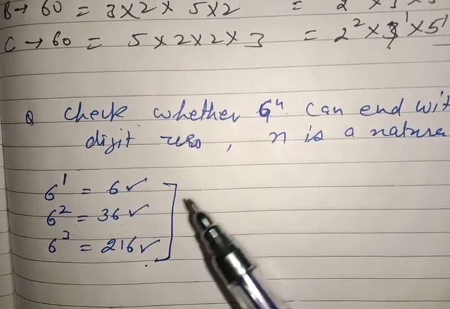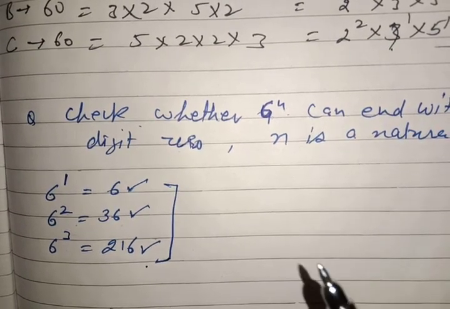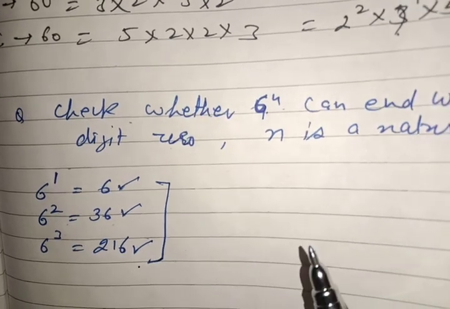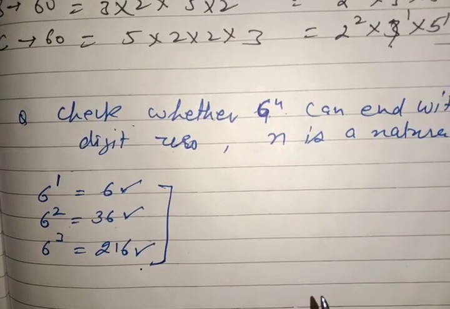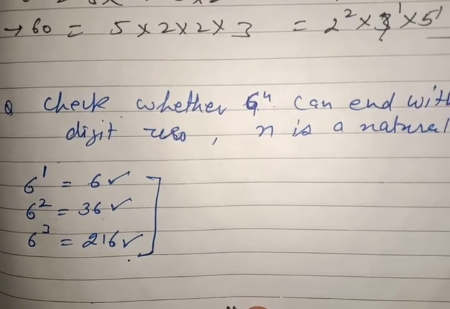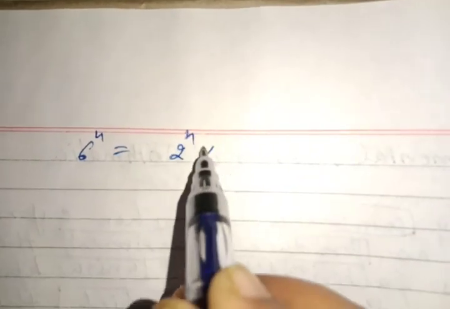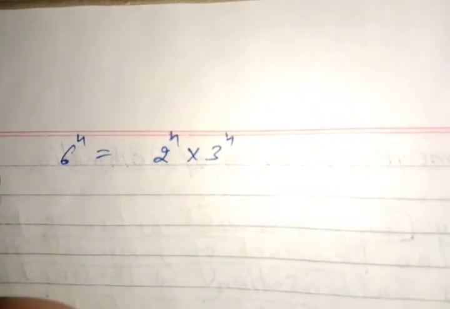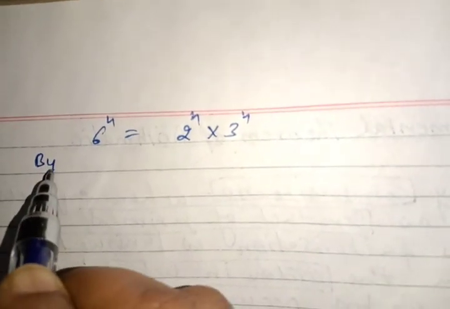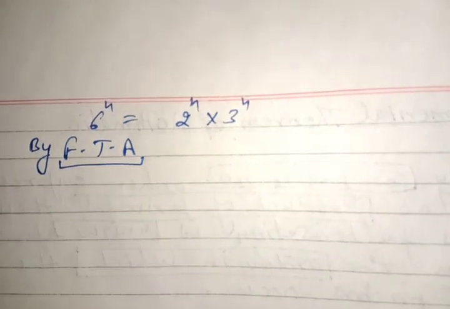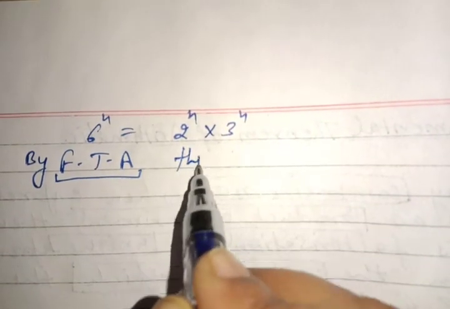6n can never end with 0, but how can we prove it? So there is a method which is called as contradiction method. Contradiction method also we can use, or we can write like this, in the next page I am going to explain. 6n can be written as 2 to the power n and 3 raised to power n, and by fundamental theorem of arithmetic, this factorization is unique.